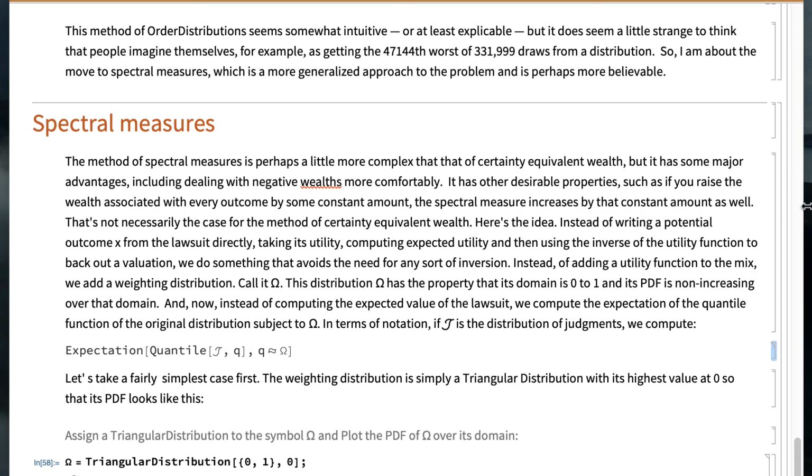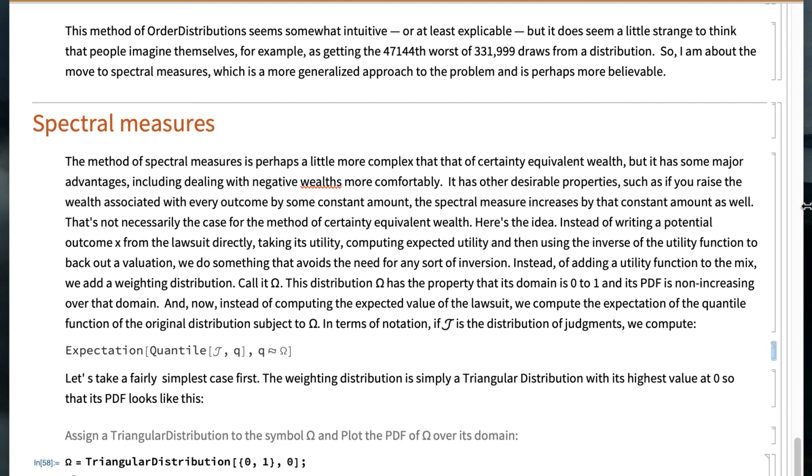Let's talk spectral measures. It's a little more complicated, perhaps, than certainty equivalent wealth, but it has some major advantages. One of those is, remember our square root utility function? Well, what happens if someone's wealth goes below 0 on some calibration scale? You can't really use it because we can't really deal with complex utilities.